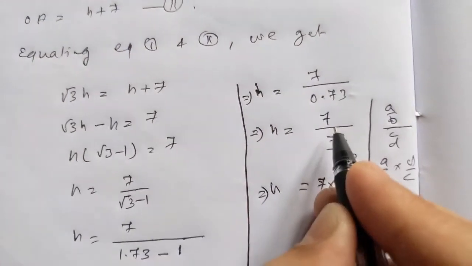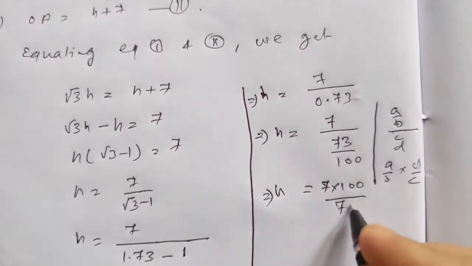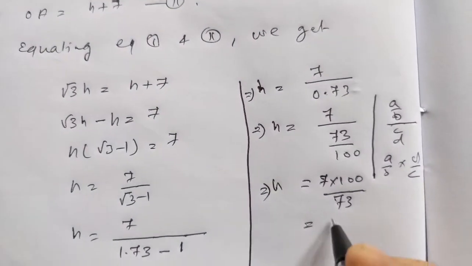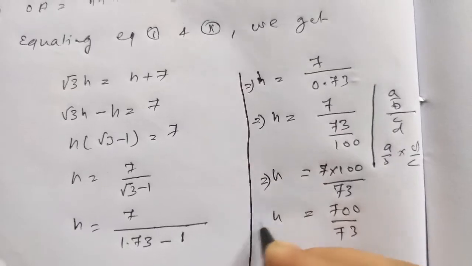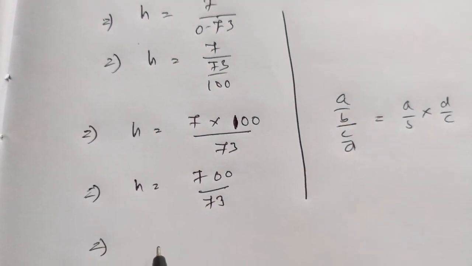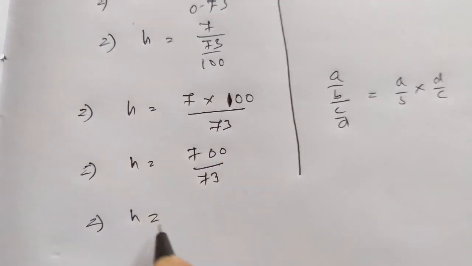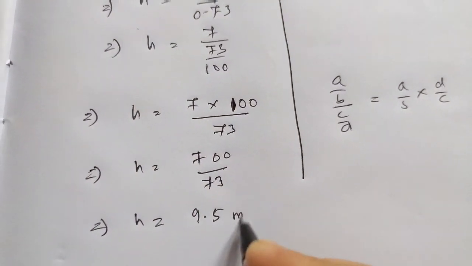I am not writing 1 because it is not necessary. So 700 divided by 73. If you divide 700 by 73, you will get a value of around 9.5. This is the height of the tower.